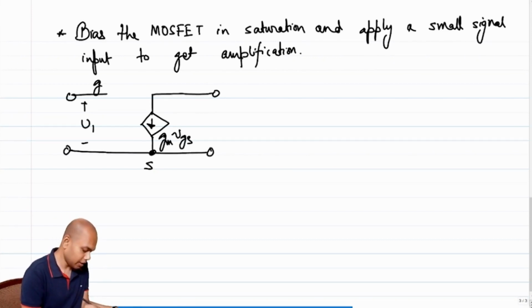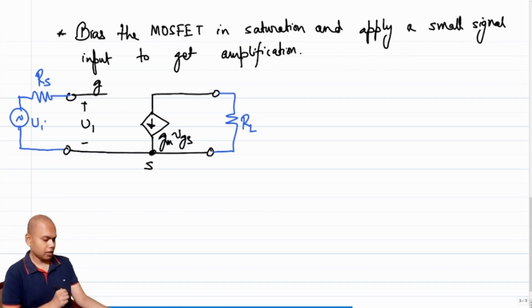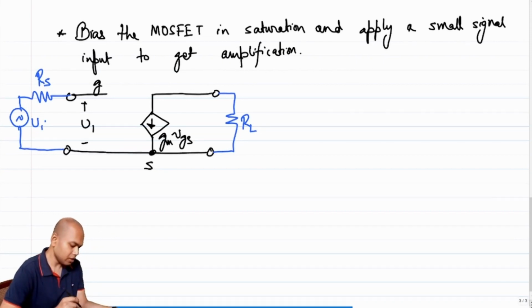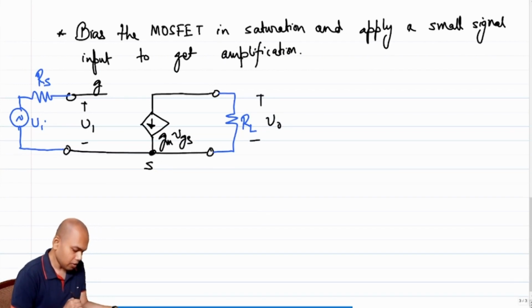And where are the inputs and the outputs connected? Incrementally, a source, Vi with RS, will be connected here, and the load will be connected here, right? So if this is achieved, if this is V0, what will be V0 over Vi?